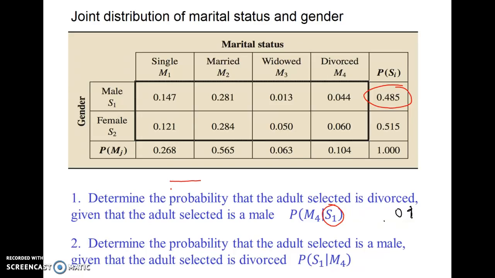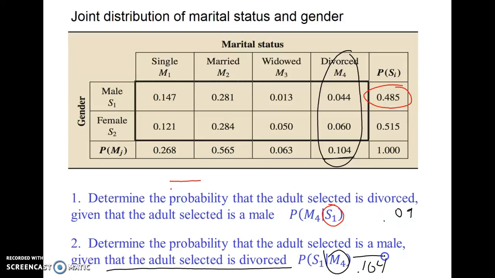Determine the probability that an adult selected is a male given that the adult selected is divorced. Given that they're divorced, this is our given right here, which is M4. So we're just going to look at M4 here, which is this one. That is the denominator of 0.104. The numerator is where both of these happen, that's S1 and M4, which is 0.044.